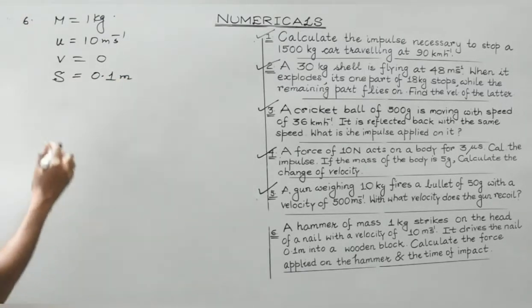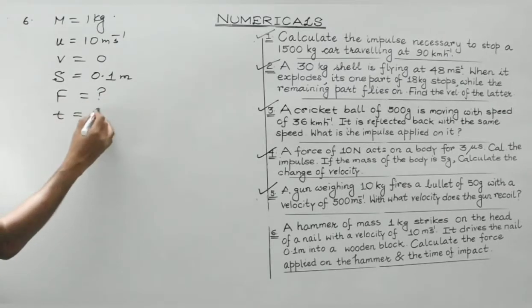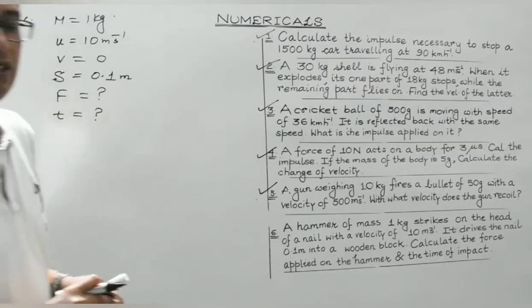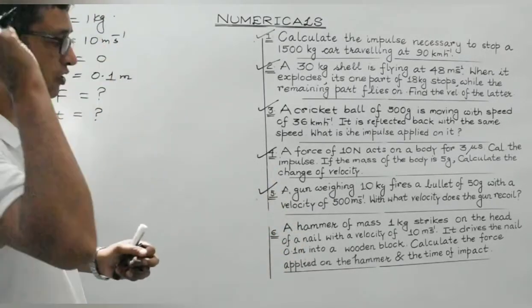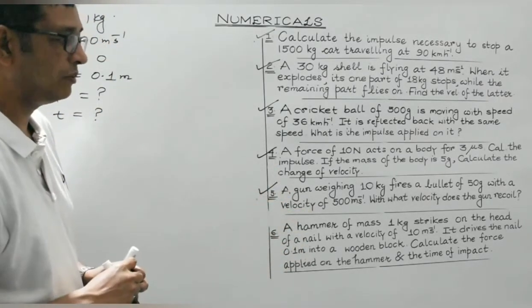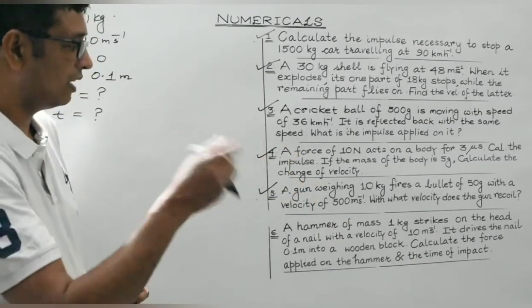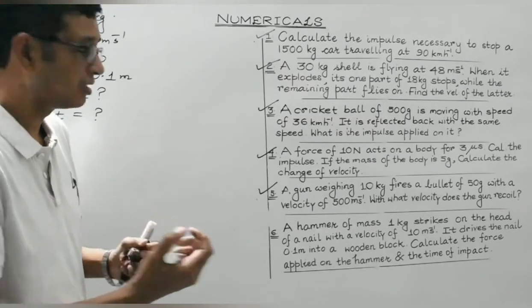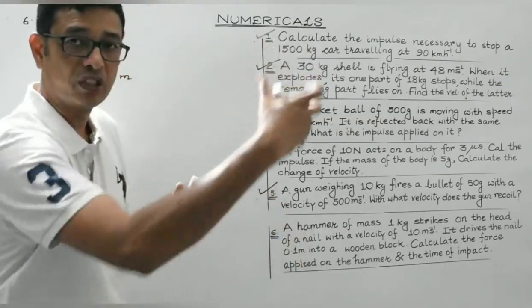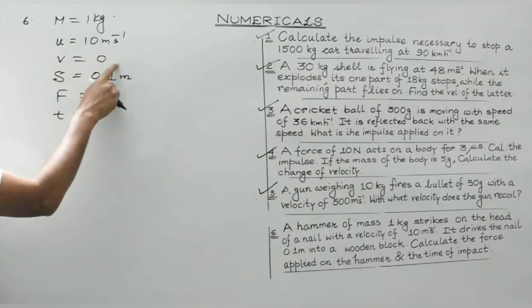Calculate the force applied on the hammer, F is to be calculated, and the time of impact is to be determined. So students, here the question is, hammer is being struck on the nail with a velocity of 10 meters per second. So initial velocity of the nail would be same as that of the hammer velocity, that is 10 meters per second. And after penetrating a distance of 0.1 meter inside a wooden plank, the nail will eventually come to rest, so its final velocity will become 0.